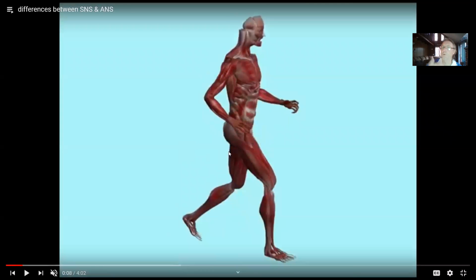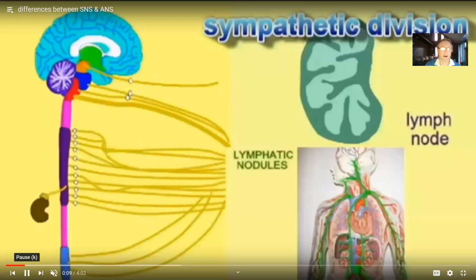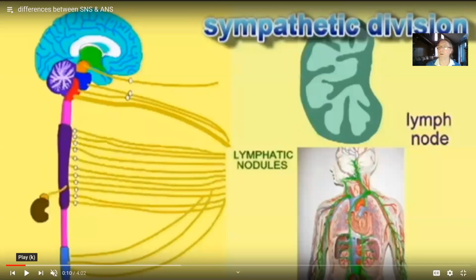So the motor outputs, very often we think of telling skeletal muscle to do things, especially voluntarily. And perhaps we think of this first because we're voluntarily, consciously aware of telling the body to run, et cetera. So that's what's called the somatic nervous system.